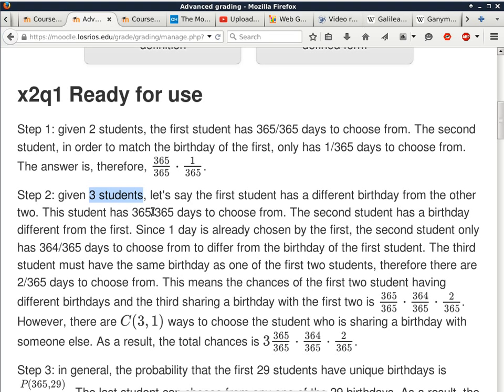So what other cases do we have to consider? Okay, A and B can share the same birthday, and that's it. That's the only one that we have not accounted for. So now the question is, how do we add this one to what we have on the board?